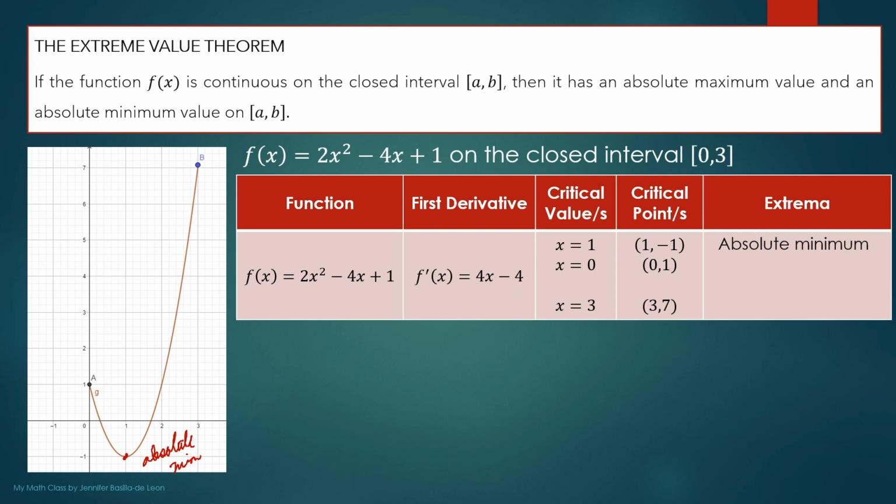On the graph, we can say that this is the endpoint of the graph. Now to determine whether it's a relative maximum, minimum, or an absolute minimum or maximum, we compare this point to all the other points in the graph. (0, 1) is neither the lowest nor the highest point. And just choose between relative minimum or relative maximum.